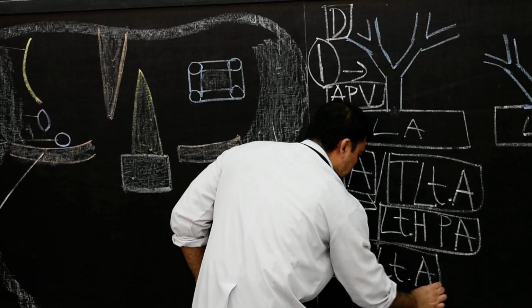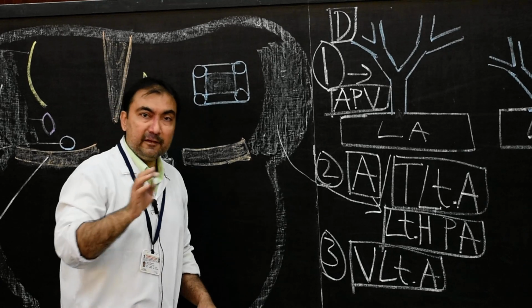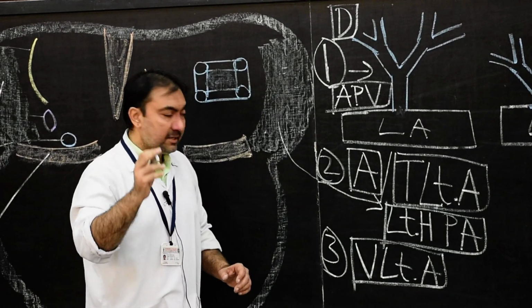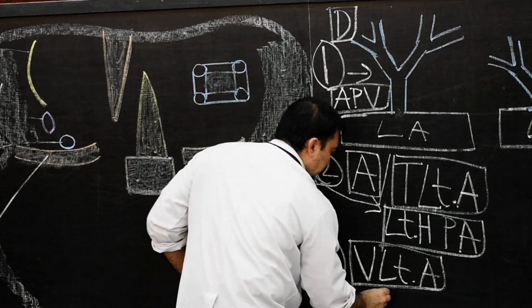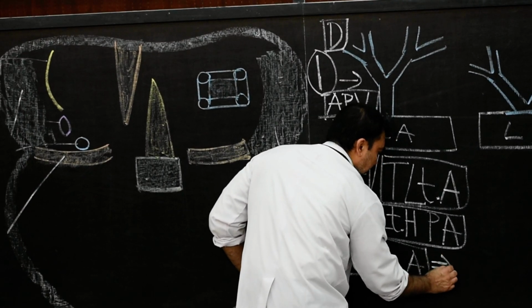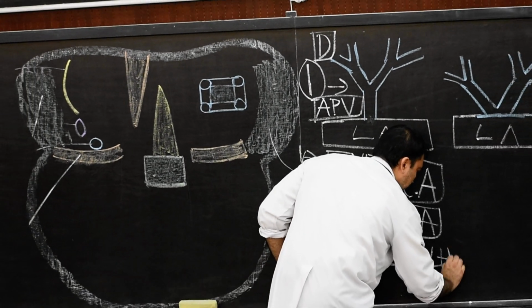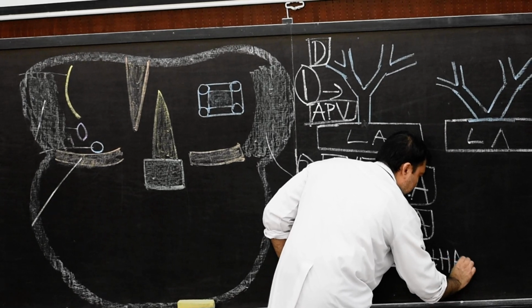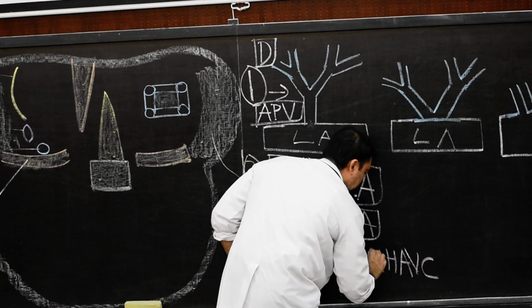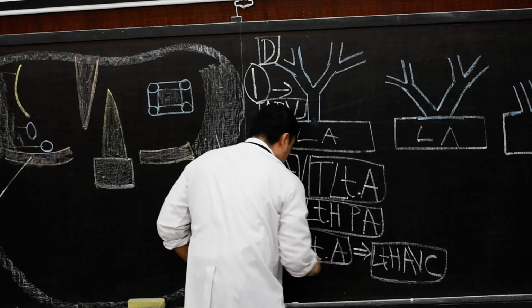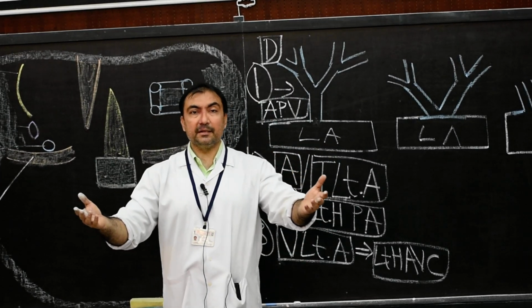It will develop from, once again, left half of atrioventricular canal. So how it will develop? It will develop from here left half of atrioventricular canal. And here we finish the development of left atrium.